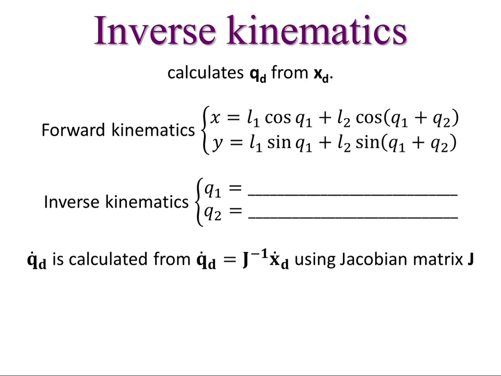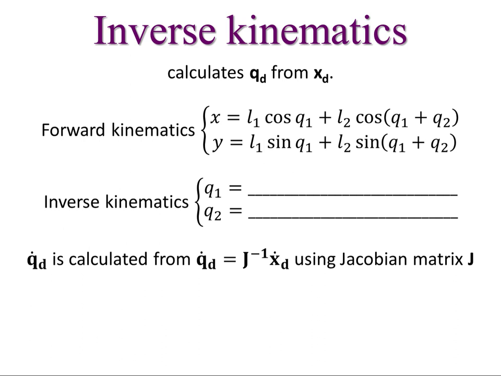Next, let's find the desired joint velocity vector qd1. If the Jacobian matrix J that correlates the hand velocity vector x dot and the joint angular velocity vector q dot is used, the desired joint angular velocity vector qd1 is the inverse matrix of the Jacobian matrix multiplied by the desired hand velocity vector xd1 by the definition of the Jacobian matrix.